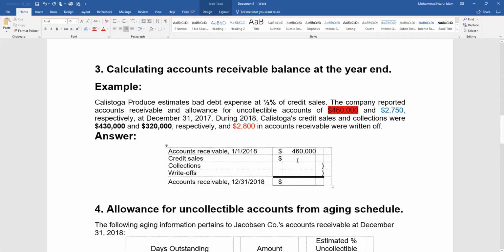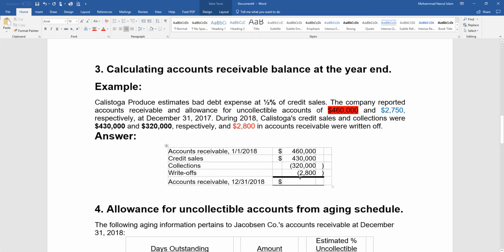Then credit sales is 430,000, and we have collections of 320,000. And we have written off accounts receivable of 2,800, so it should be subtracted.